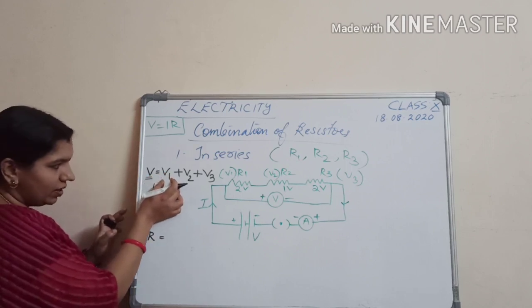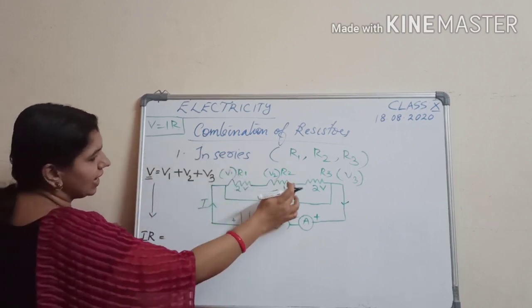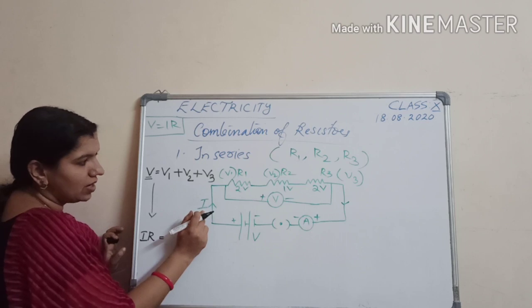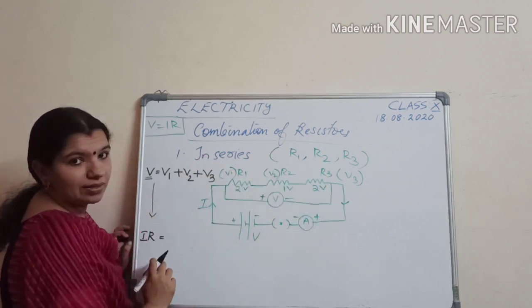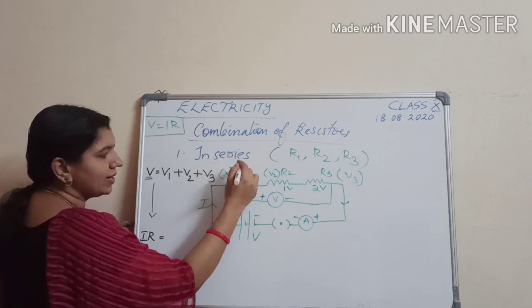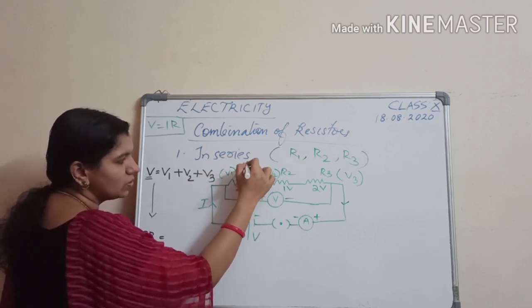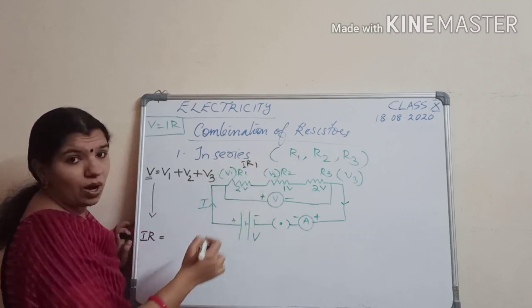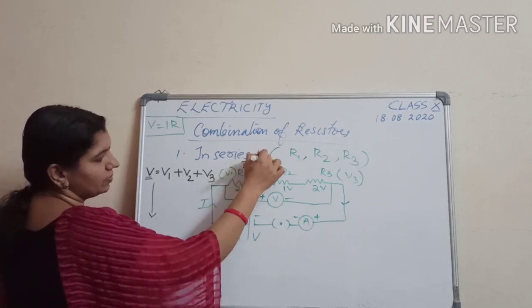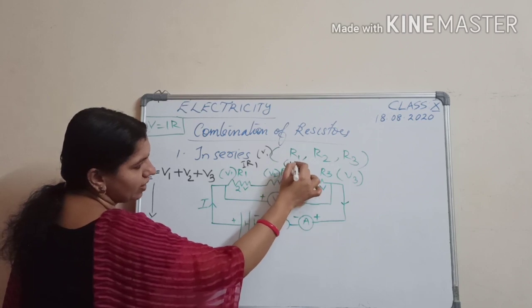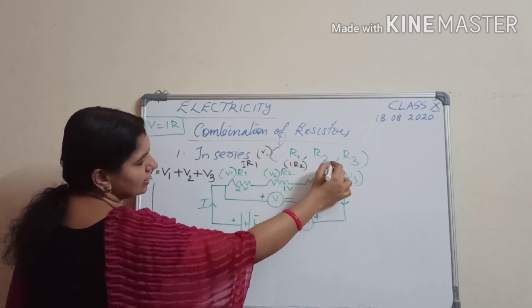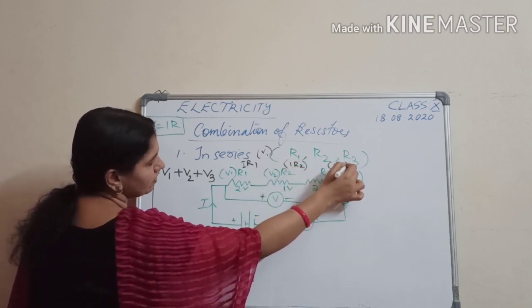Now for V1, you know that the current is the same. So whatever amount of current is flowing will be the same in the case of R1, R2 and R3. So for R1 I can write I into R1, which will give you V1. Again for R2 you will get I R2 and for R3 you will get I R3.